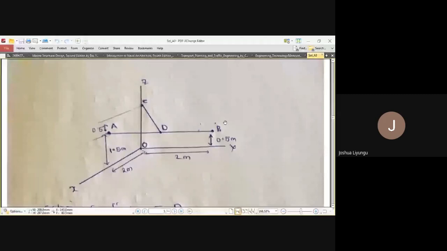You are finding the distance AD, DB, and CD. At D is the midpoint. Yeah, D is the middle point.